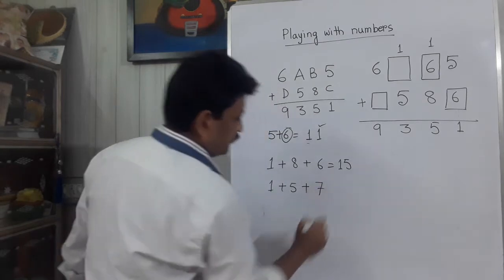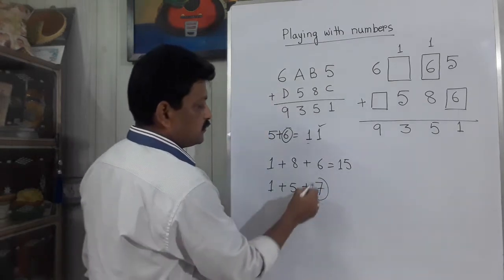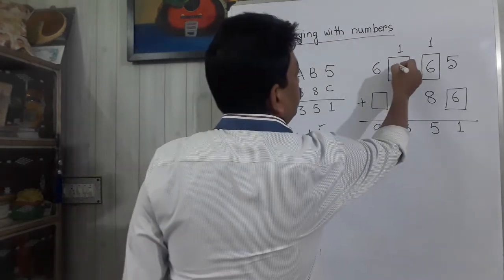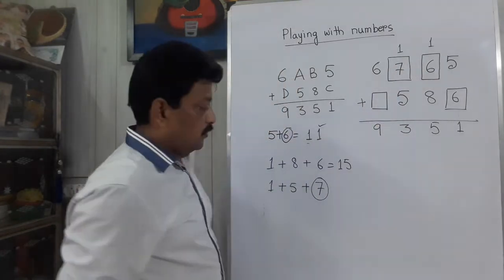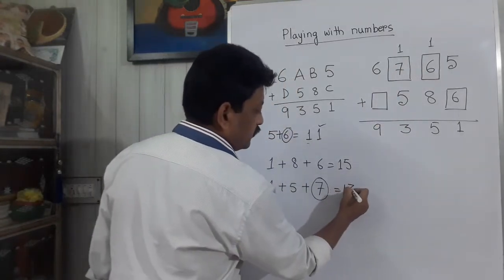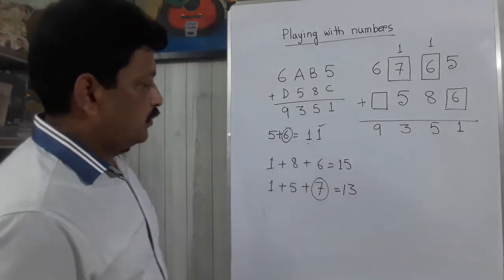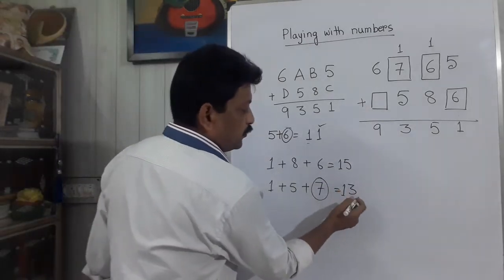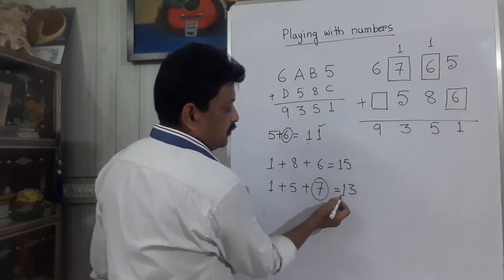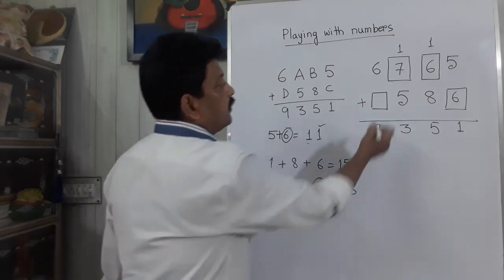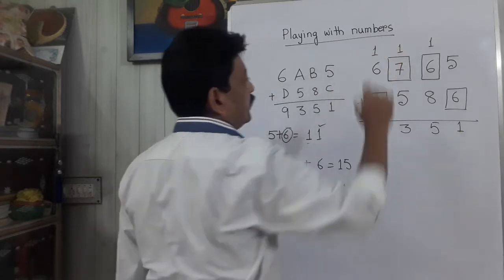So it will be 7. That means the missing number here will be 7 because their sum gives 13 and we need 3 in the unit place. So 3 is here. After putting 3 at the unit place, the leftover is 1, that is carryover. Again let me put this carryover 1 here.